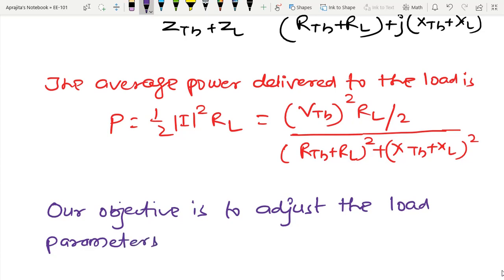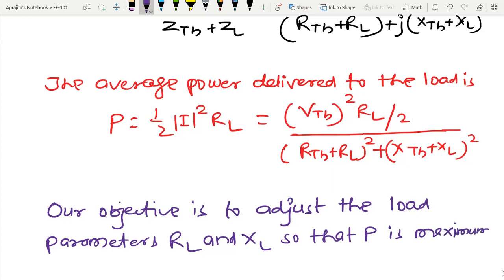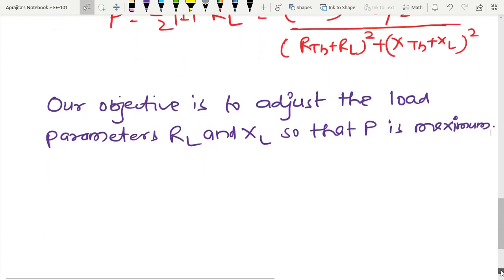Since our load is an impedance, I have to adjust RL and XL so that P is maximum. That is the objective of today's class, and in order to do that I have to proceed like this.